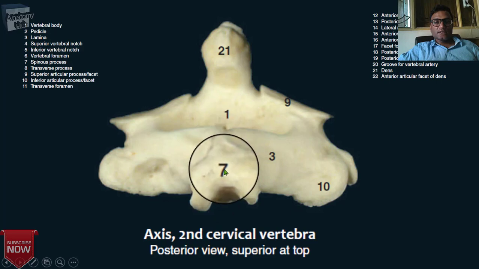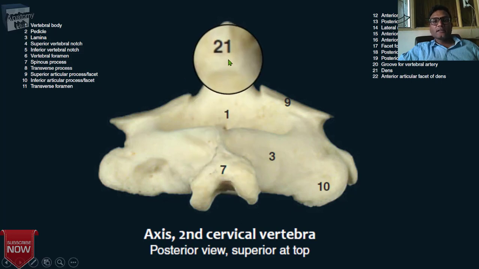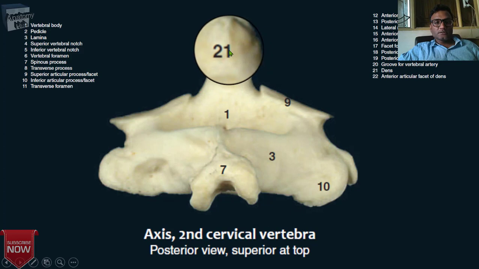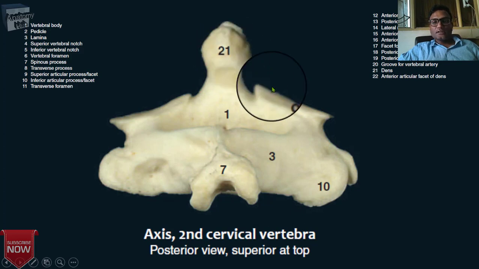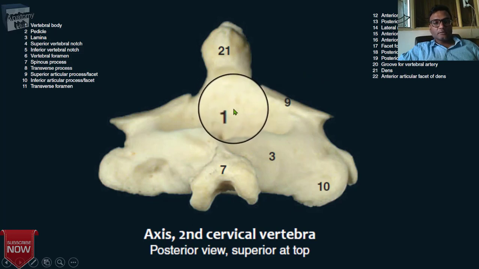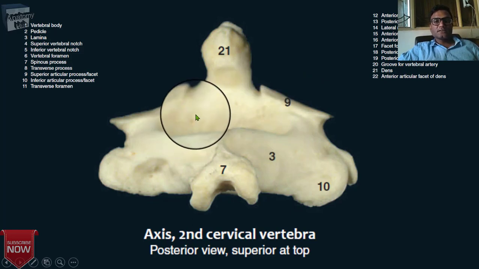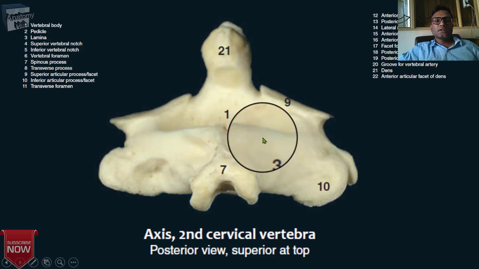Here you can see again the spinous process from posteriorly, that can be palpable. And here you will find the odontoid process, and this is the posterior part of the odontoid process. And here you will find the articular process, the vertebral body and the anterior arch over here, and this is the posterior arch.